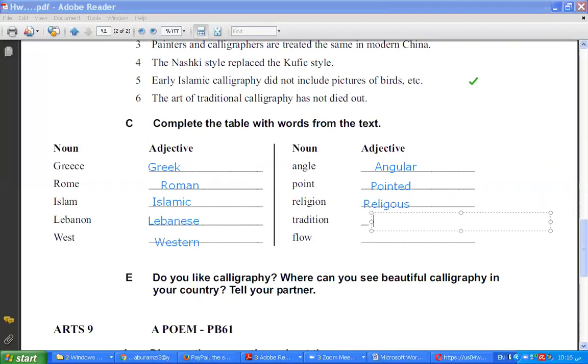Tradition, traditional. Flow, flowing. Yes, like this. So that was everything, Abdullah.